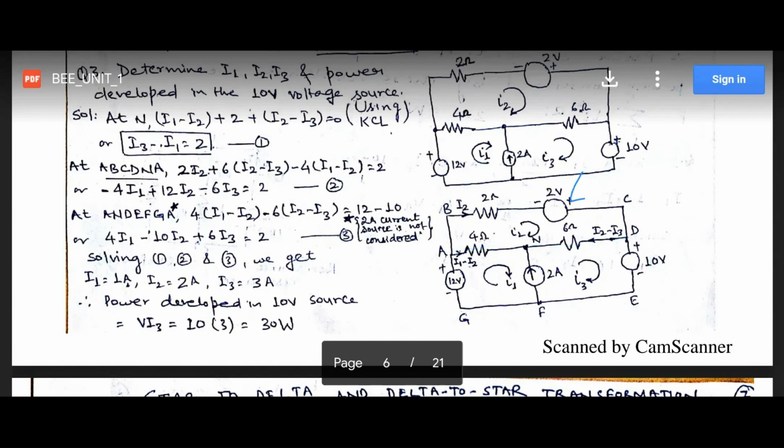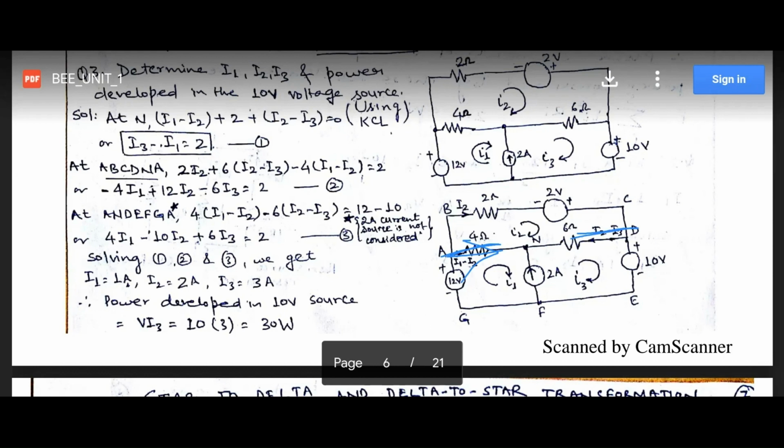So we will apply the KVL here. This I1 minus I2 current is positive because its direction is the same as the loop we are talking about, minus 6 I2 minus I3.